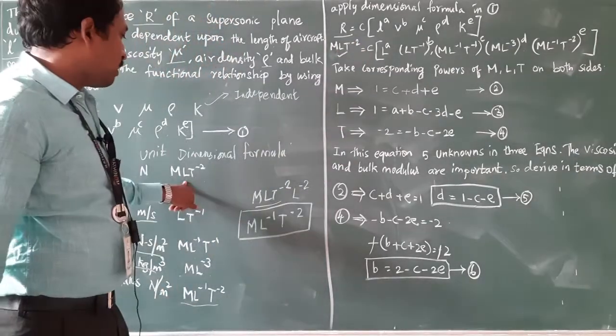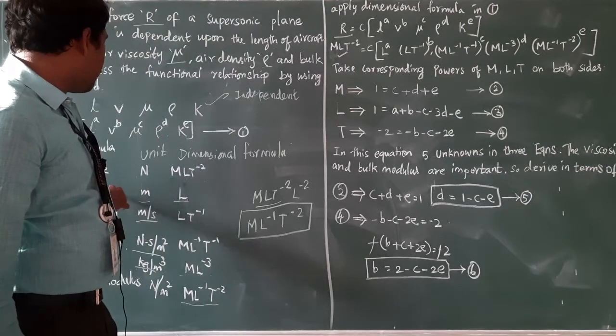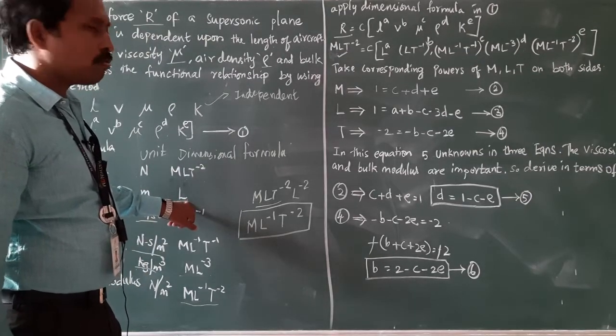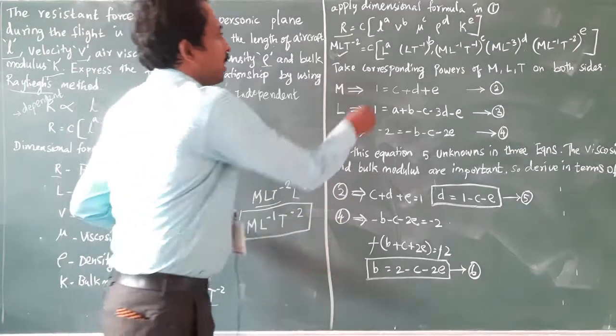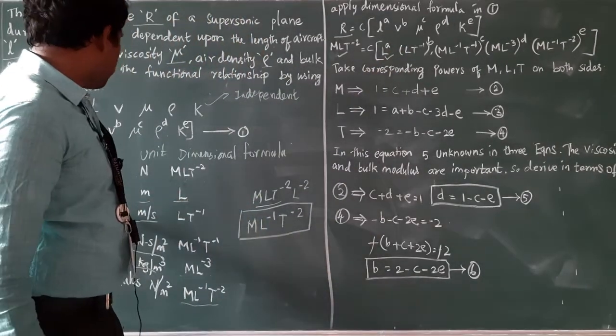Next, L power A. L is the length. The dimensional formula is L, capital L power A. Next, velocity.